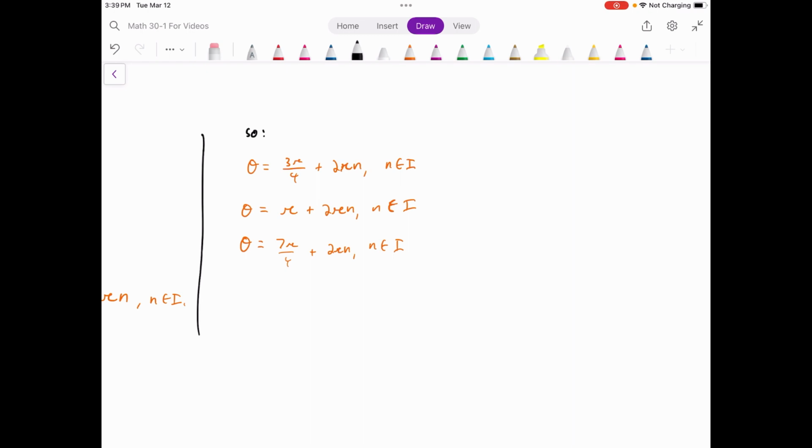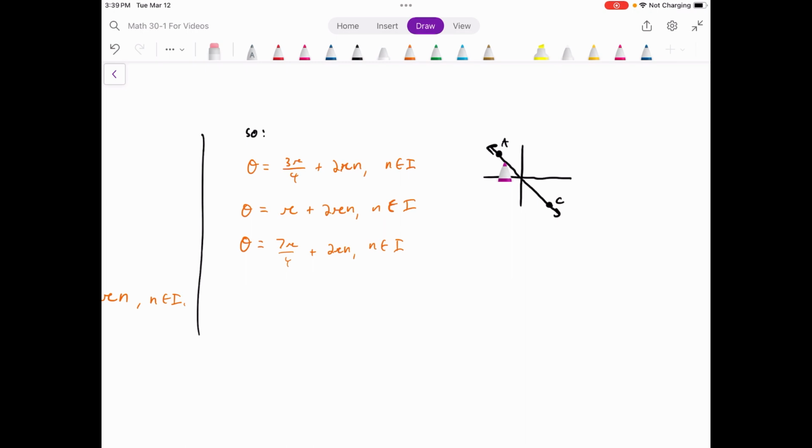However, we can combine 2 of these into one statement, because notice this, right? We've got this 3 pi over 4, that's the terminal arm of the one that went through A, and we've got the terminal arm of the one that went through C. Now notice, what angle are those 2 angles separated by?